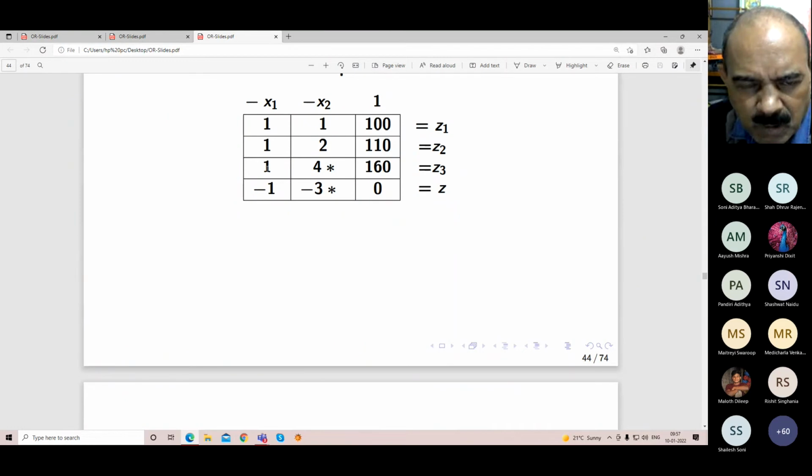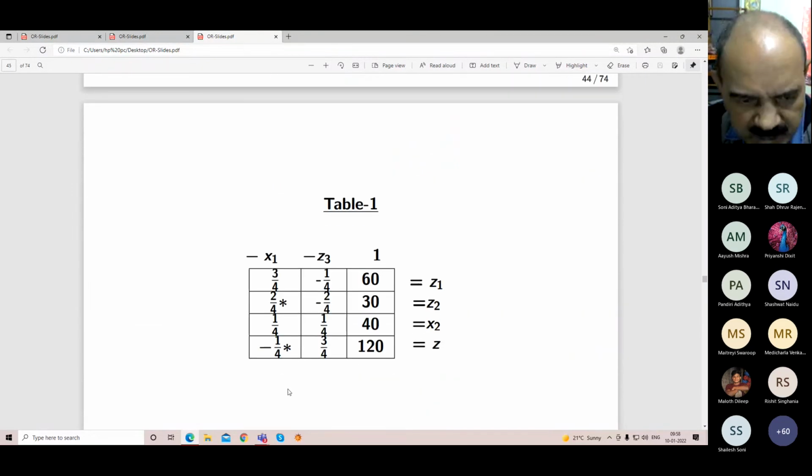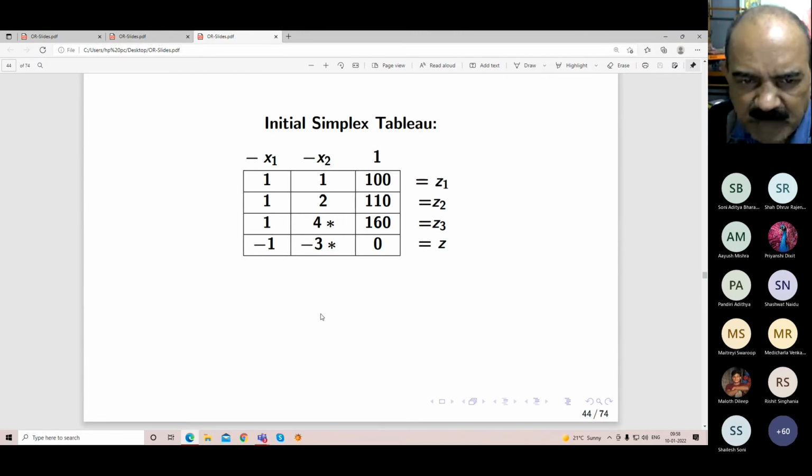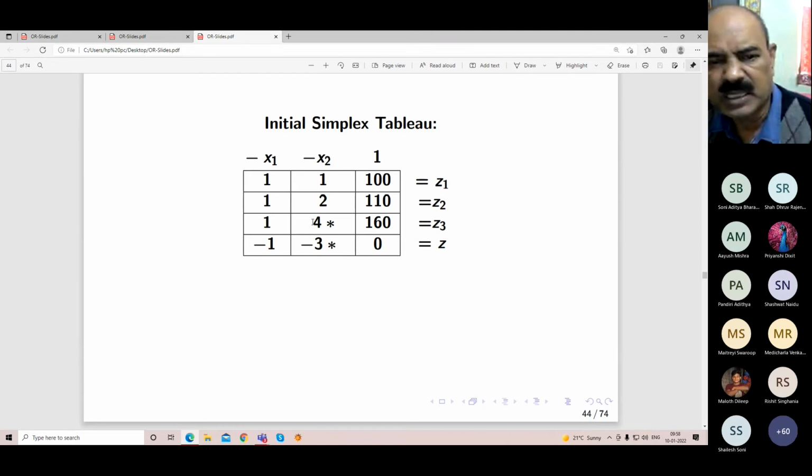So this will be 1 by 4, and 160 you are dividing by 4, this will be 40. The row elements in the third row are 1 by 4, 1 by 4, 40. Same thing here, you can see 1 by 4, 1 by 4, 40. And in the same column, you divide by 4 with a minus sign. This is minus 1 by 4, minus 2 by 4.